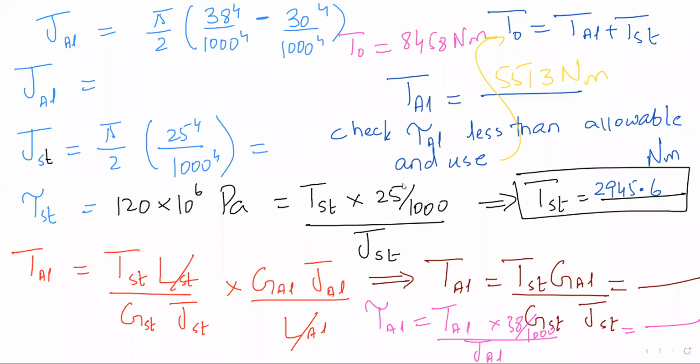I think you are making a mistake here, so let's do it together. 2947.2 divided by 77 divided by 10 power 9, divided by 6.14 into 10 power minus 7, into 27 into 10 power 9, into 2 into 10 power minus 6.